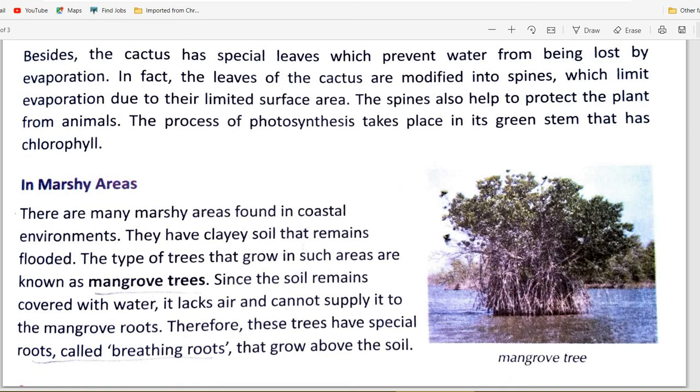So beta, it is sufficient for today. You have to know the examples of plain area trees, marshy area trees, what we call the marshy area trees, mangrove trees, desert plants. We know the example of desert plants, we know the example of hilly plants, we know the example of hot and damp areas.